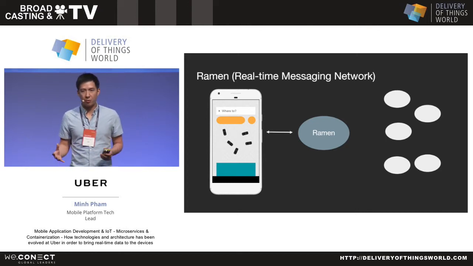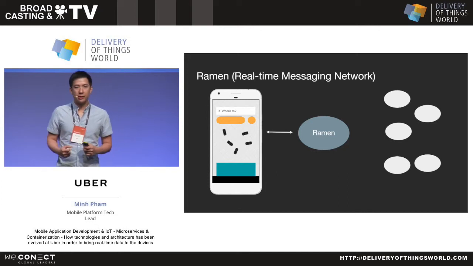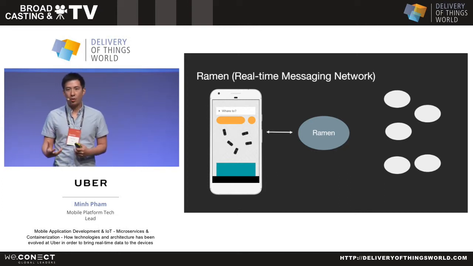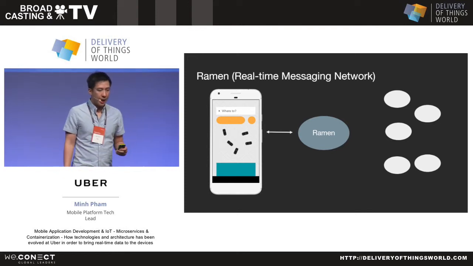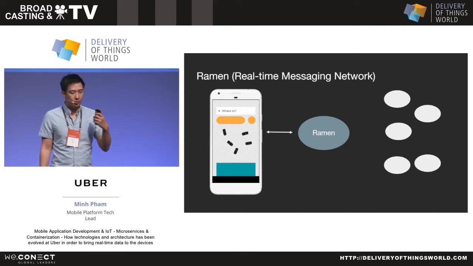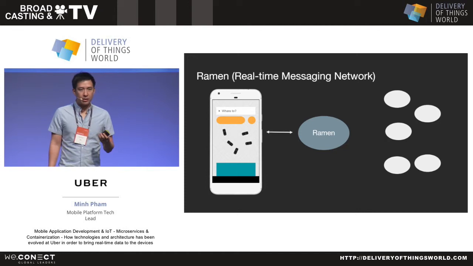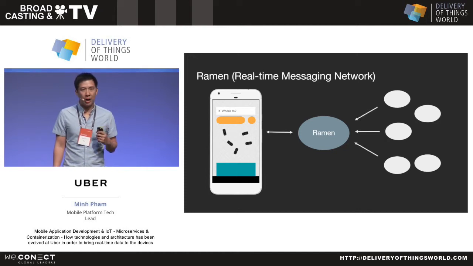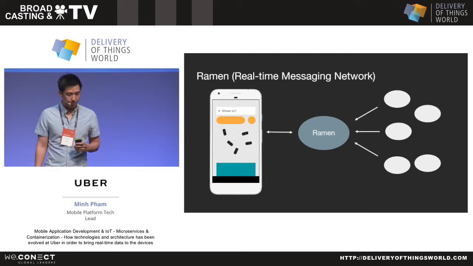Among all of them, Ramen is a special service. What it does is that it is the only service that holds a constant connection to the application. And other services, when they need to talk to the client, send a message to Ramen, right? And then Ramen in turn sends this message to the application.